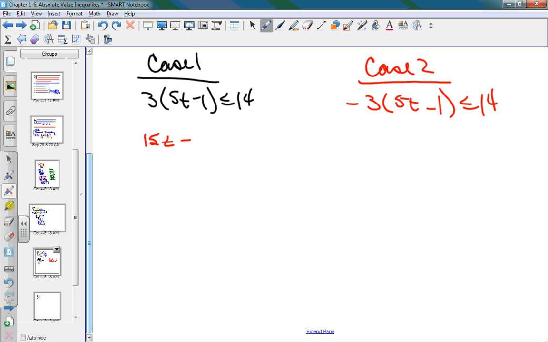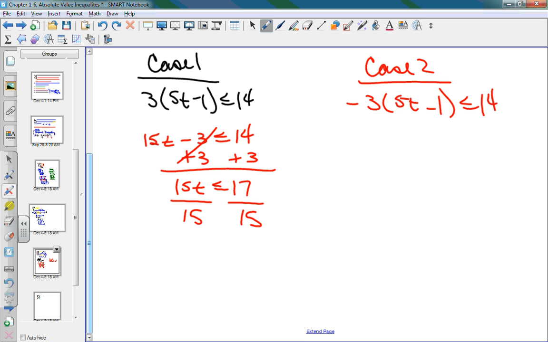Distribute, so 15t minus 3 is less than or equal to 14. Add 3 to both sides. 15t is less than or equal to 17. Divide by 15. Do I flip the sign? No, so t is less than or equal to 17 over 15.